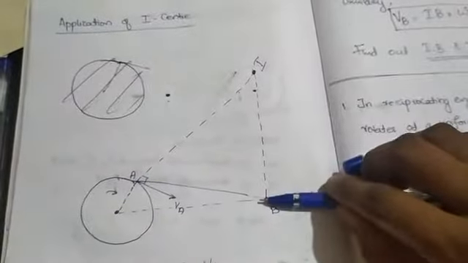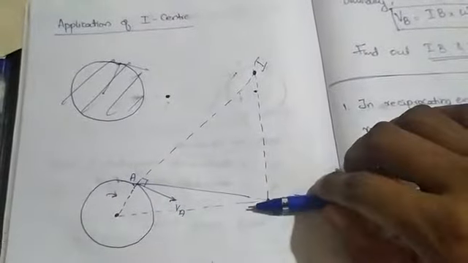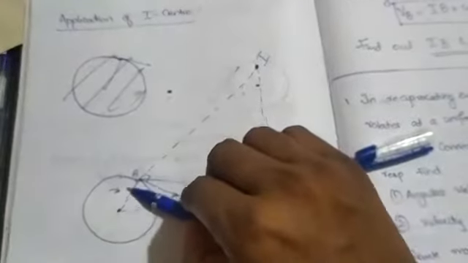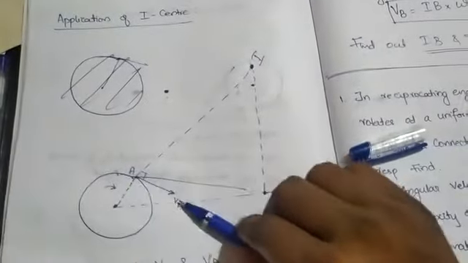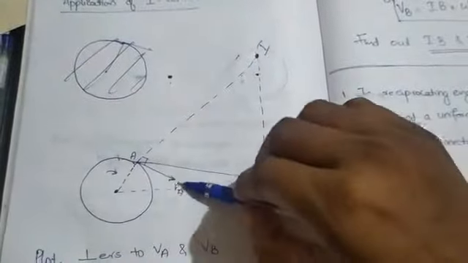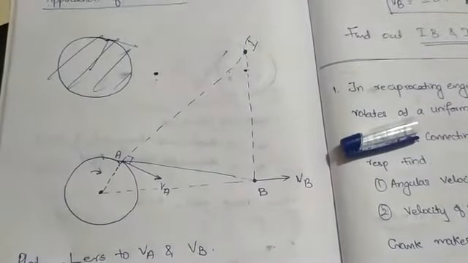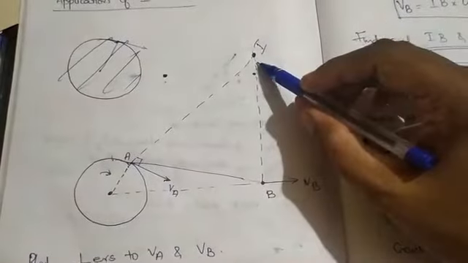And VB will be towards this direction. So you draw two perpendiculars from the velocity vectors VA as well as VB, and it makes a point I, right?